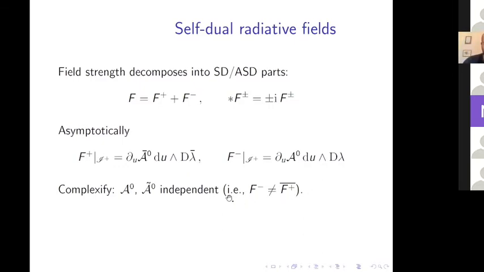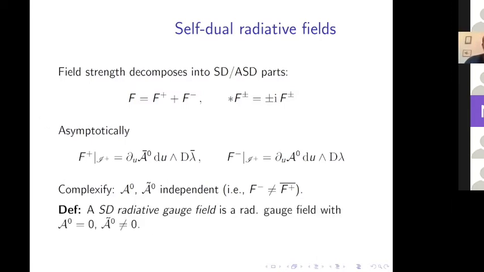Another way of thinking about this is that you could go to Euclidean signature instead of Lorentzian signature. There, the self-dual and anti-self-dual parts are independent quantities as well. But we want to talk about a scattering problem, so it's best to stay in Lorentzian signature, I think. Okay, so the definition of the kind of background fields we're going to be working with is self-dual radiative gauge fields.